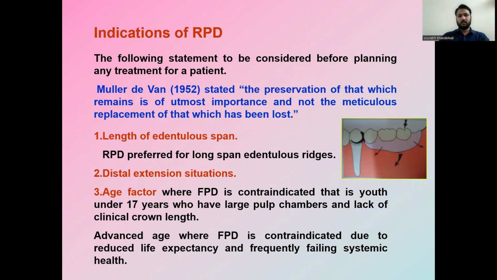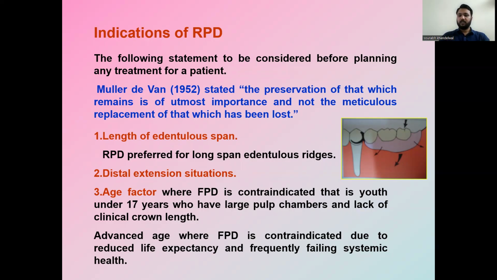In that case, either we have to go for a removable partial denture, or if adequate bone, that is adequate width and height of the bone, is available, then we can think of implant treatment. Then age factor, where FPD is contraindicated: young patients under 17 years who have large pulp chambers and lack of clinical crown length.